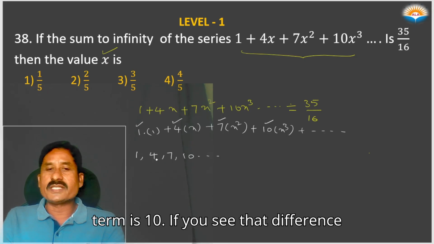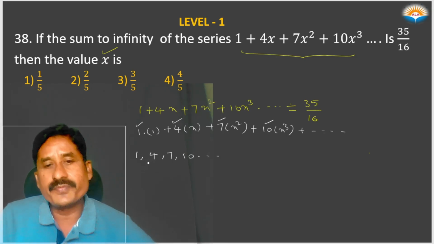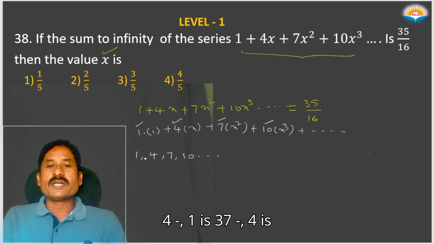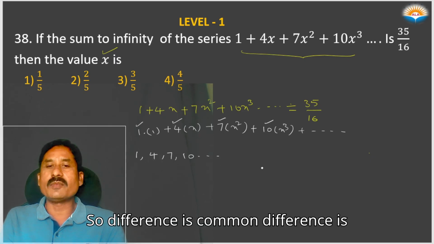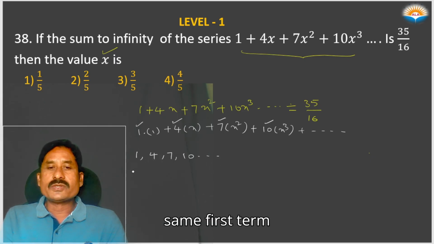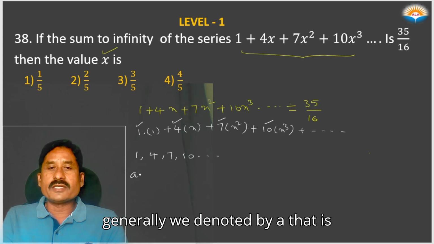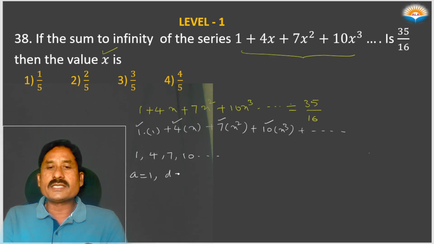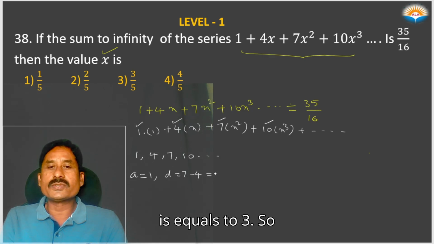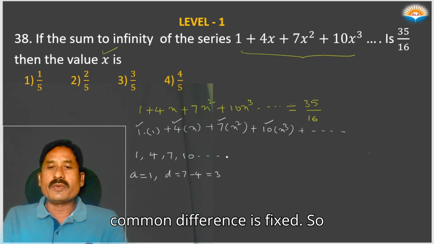If you see the difference between two consecutive terms, 4 minus 1 is 3, 7 minus 4 is 3, 10 minus 7 is 3. So the difference is common. The first term we generally denote by a, that is 1, and the common difference is 7 minus 4, that is equal to 3. So the common difference is fixed. So this progression is an AP.